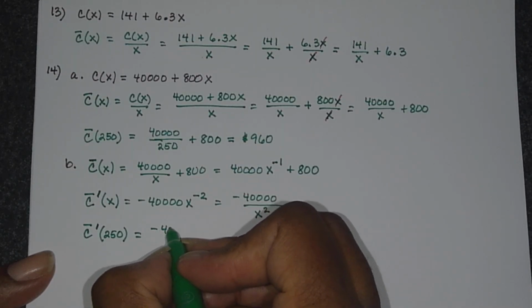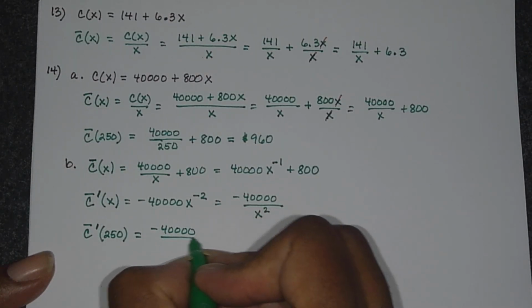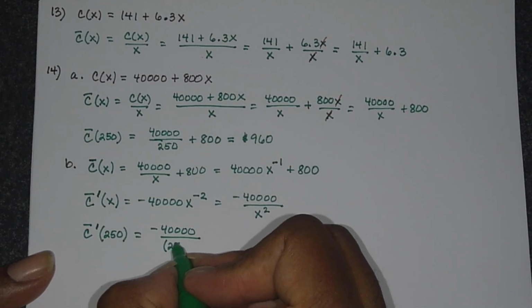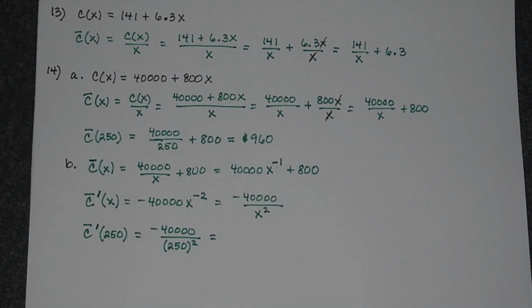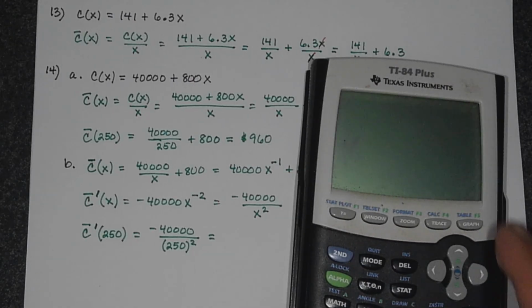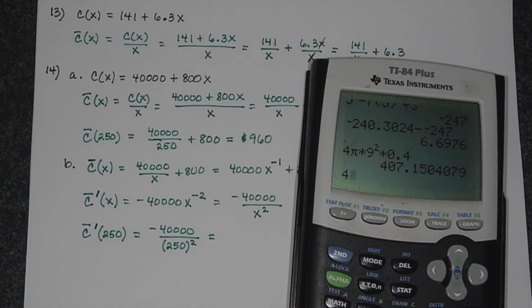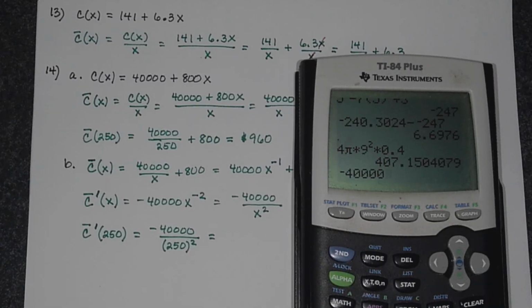of producing at the production level of 250 units. So I do negative 40,000 divided by, substitute the x with 250, and you'll square that. And this can be typed in the calculator. So it'll be negative 40,000 divided by 250, and we square it. Oh, yeah, and it's going to be negative.